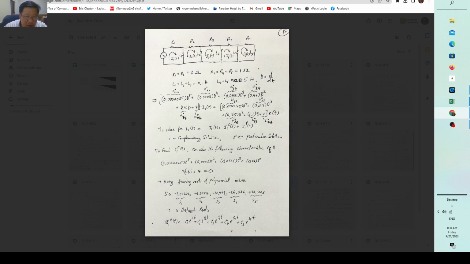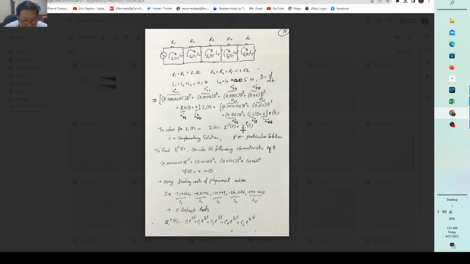And then, to find I sub 1(t), based on the concept of solving ordinary differential equations, I sub 1(t) needs to have two components. The first component of I sub 1(t) we call I sub 1 superscript c(t). C is coming from what we call the complementary solution.